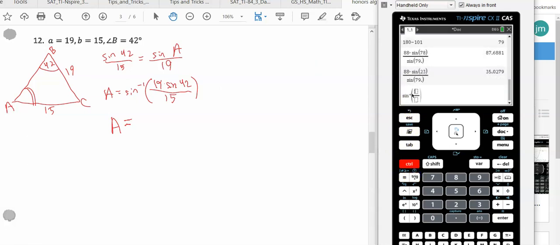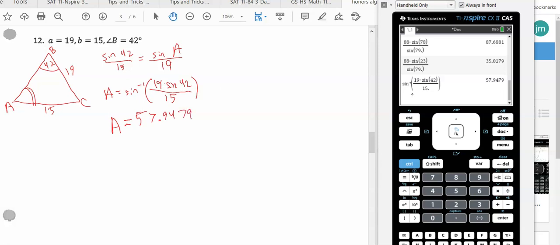So I'm just banking on that. Let me go ahead and type it in. 19 times sine of 42 divided by 15. So we get 57, and we know it has at least one triangle, 57.9479.